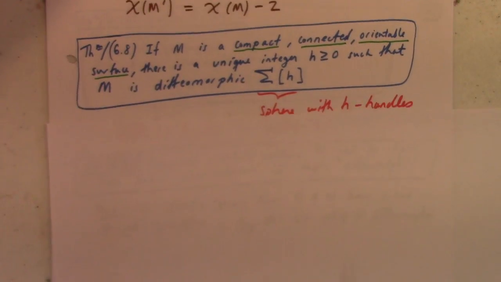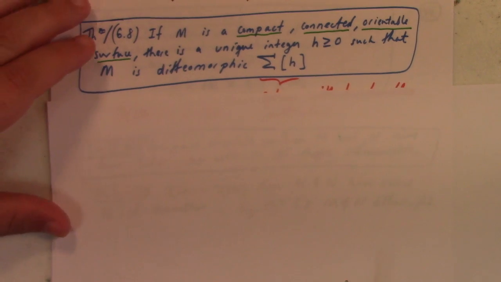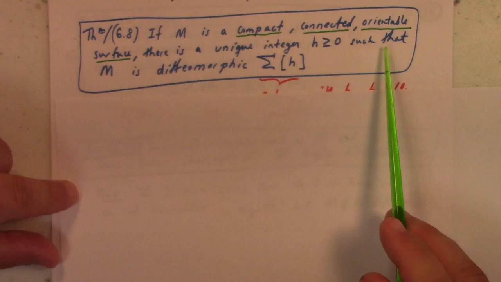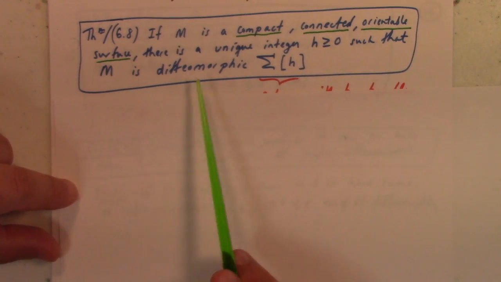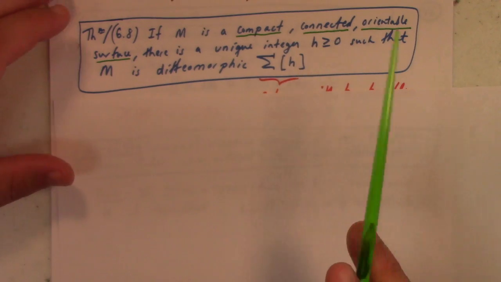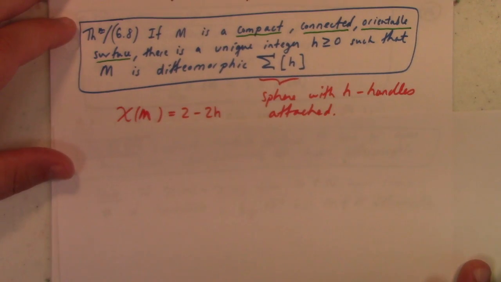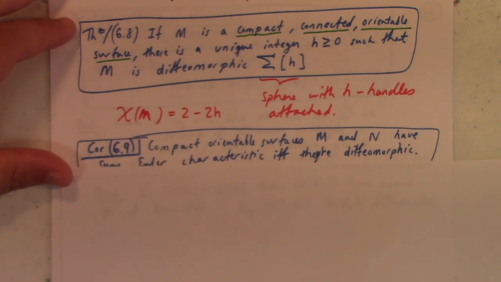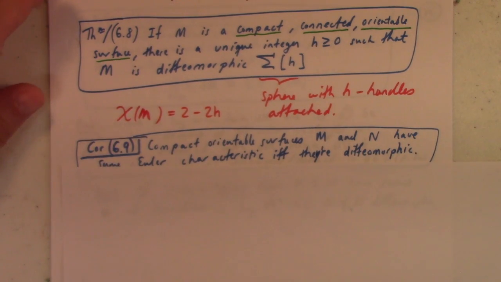And that gives us this theorem. If M is a compact connected orientable surface, there's a unique integer h greater than or equal to 0, such that the surface is diffeomorphic to a sphere with h handles, with h donuts glued onto it. All right, a sphere with h handles attached. It's a theorem.